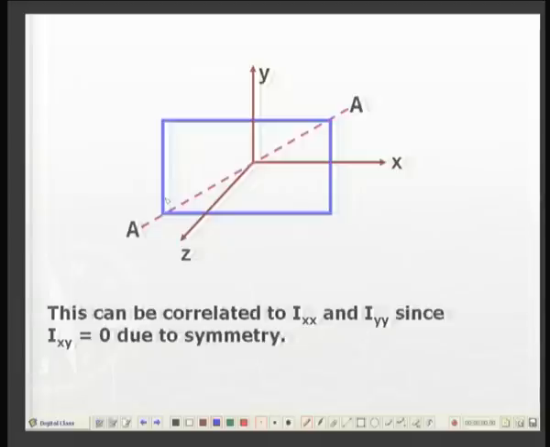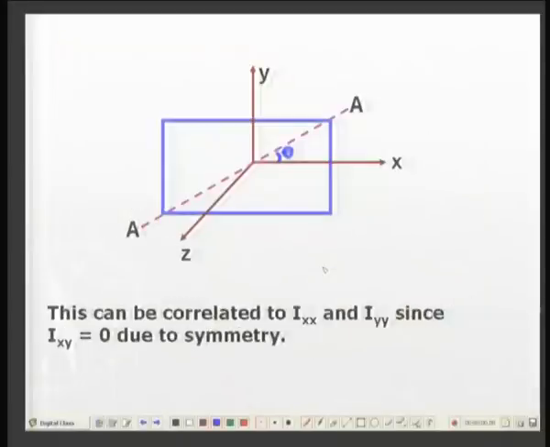So it means that I rotate the coordinate system about z axis through an angle, let us say theta. Then x axis will be the new coordinate x dash axis, which is coinciding with the AA. So under rotation we want to get an expression connecting the new moments of inertia with the old moments of inertia. So let us do this.